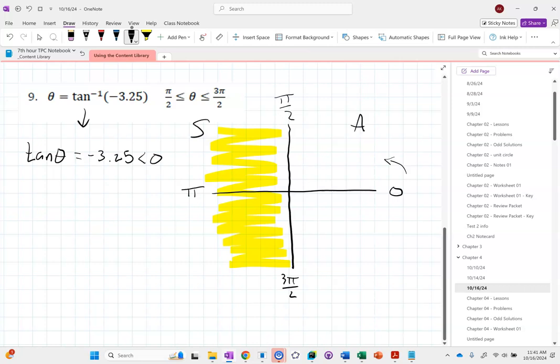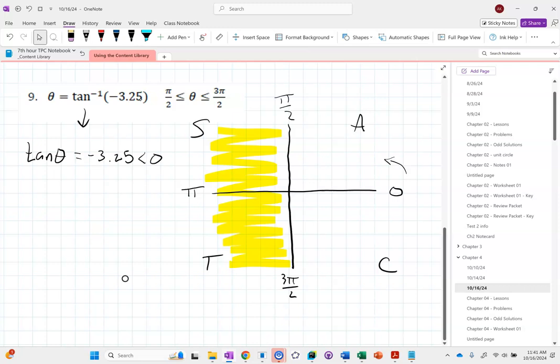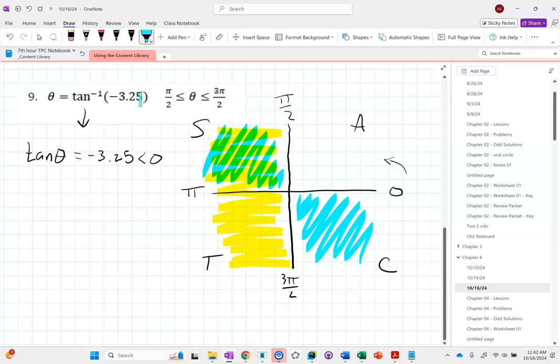So if we do All Silly Turtles Crawl, again, the letters are telling us what trig function is positive in that quadrant. What quadrants then is tangent negative? 2 and 4 is correct. So S is sine is positive, but cosine and tangent would be negative. C is cosine is positive, but tangent and sine are negative.